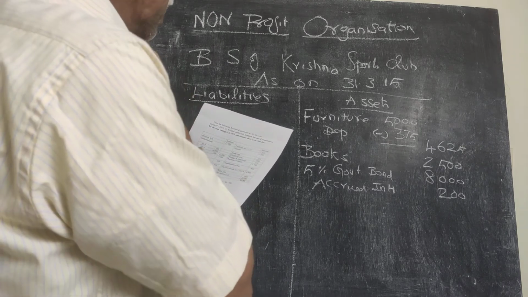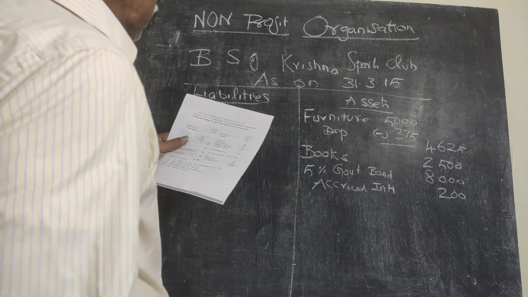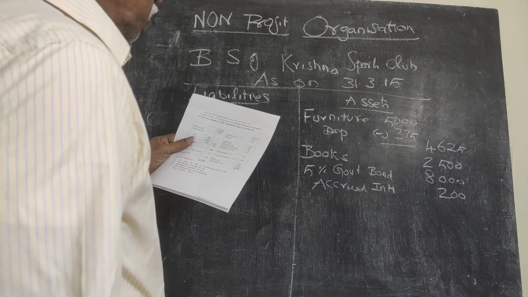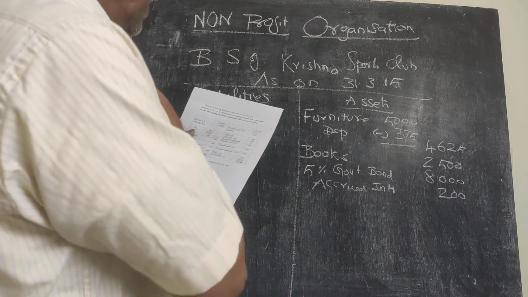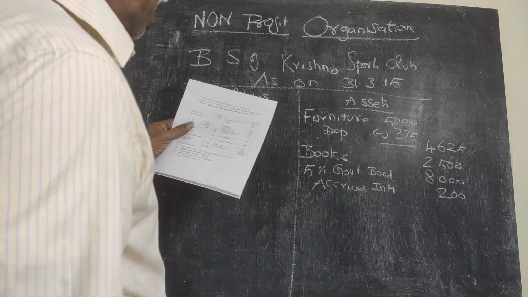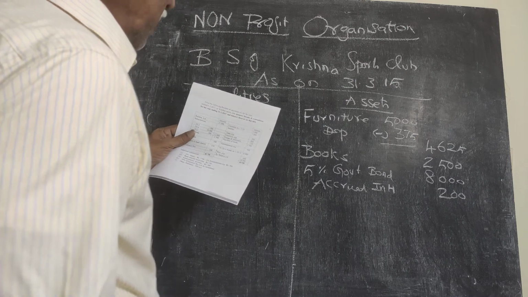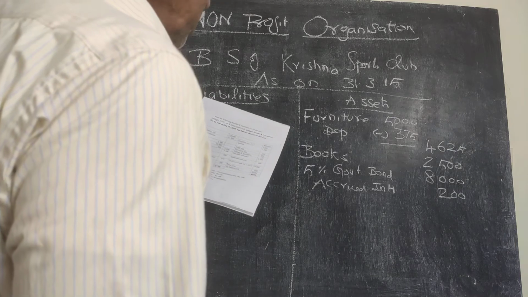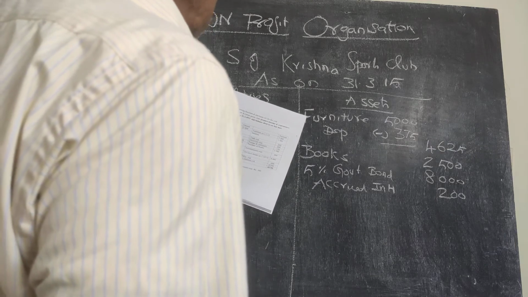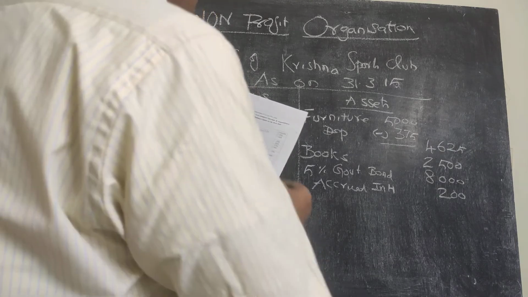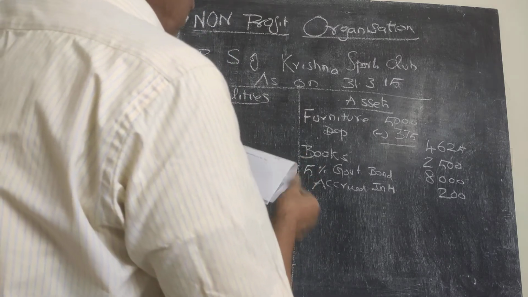So from the payment side, furniture, salary, electricity expenses, postage, stationery, those items are in the income expenditure account. Purchase of books we have taken now. Entertainment expenses will be going. We have taken that in income expenditure. 5% government bonds 8,000. Bank interest. Now coming to the additional information.